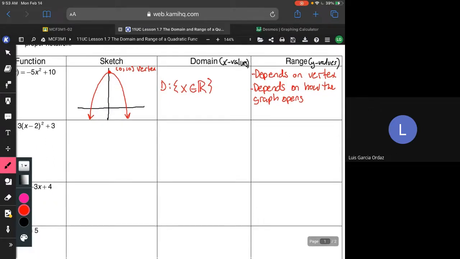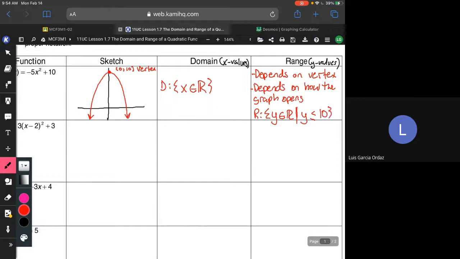So when you write your range, we're going to write, again, y is an element of the real numbers, and then this vertical line means that there is a restriction. In this case, because my graph cannot go over 10, my y values have to be less than or equal to 10.